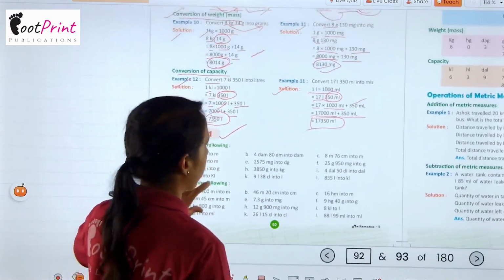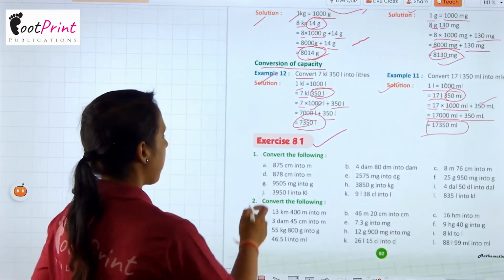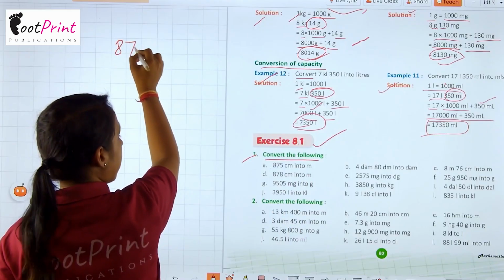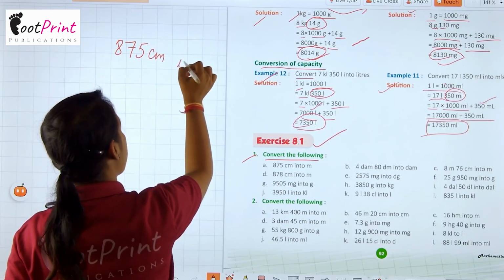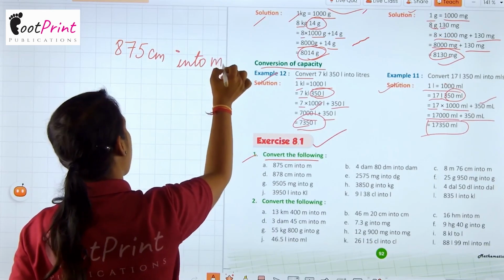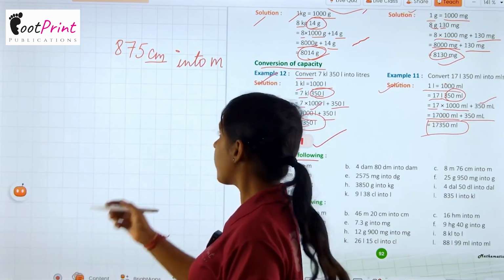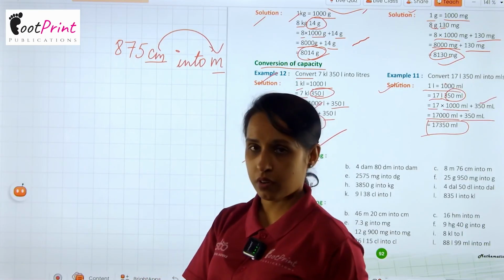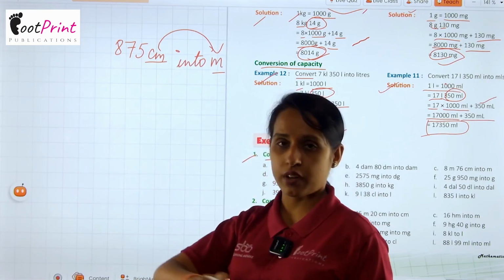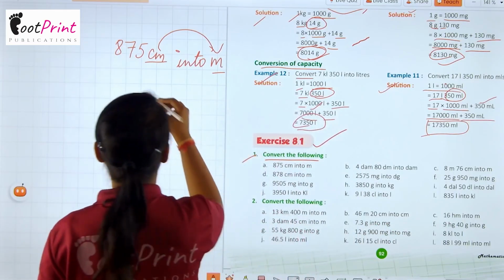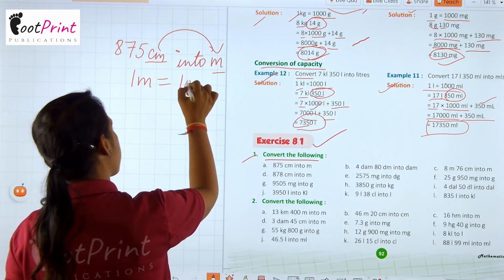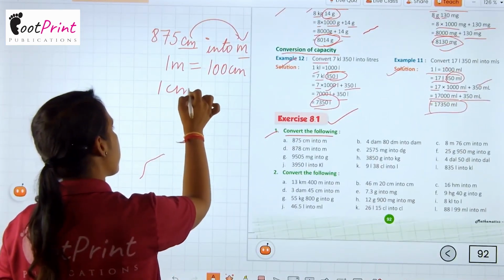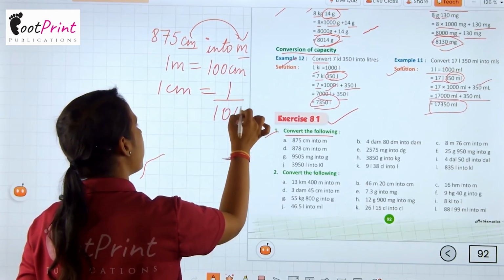On the basis of that, we have exercise 8.1. Here, let's solve it. Question number 1, convert the following. 875 centimeter into meter. We know that centimeter is a smaller unit and meter is a bigger unit. And when we convert smaller unit to bigger unit, we will divide. As we know, 1 meter equals 100 centimeter. It means 1 centimeter we can say is 1 upon 100 meters.